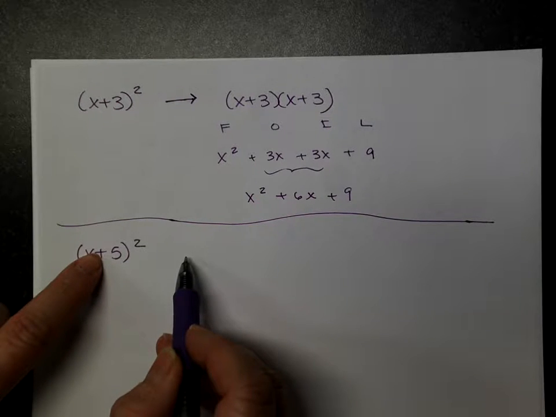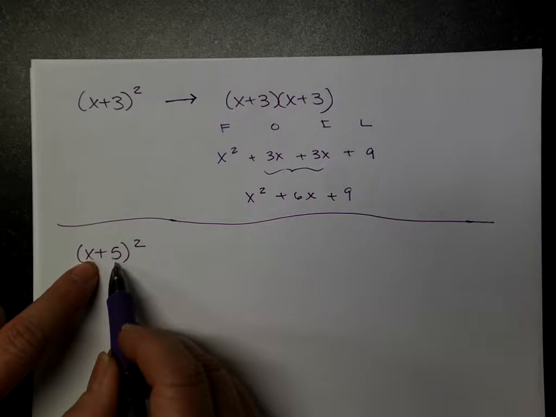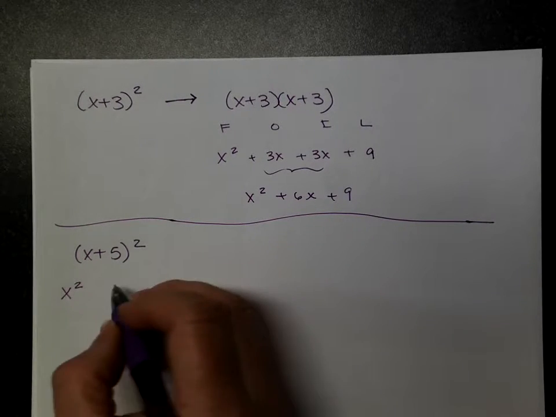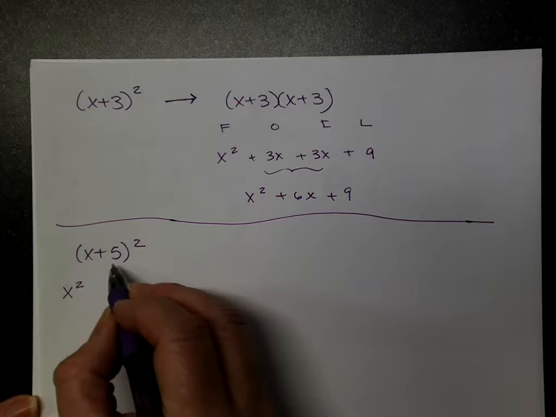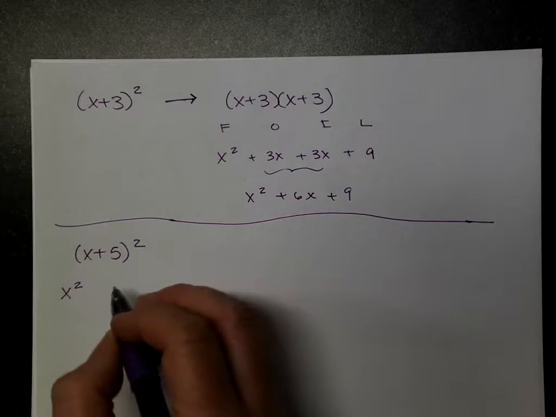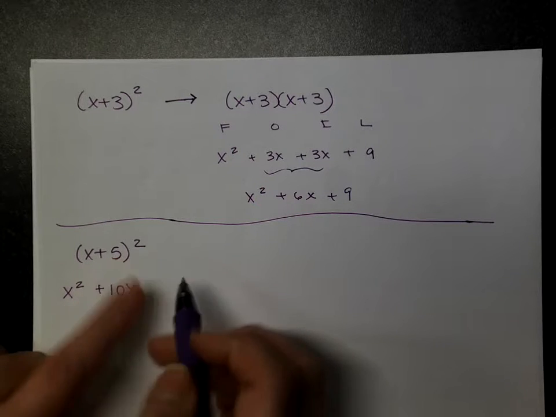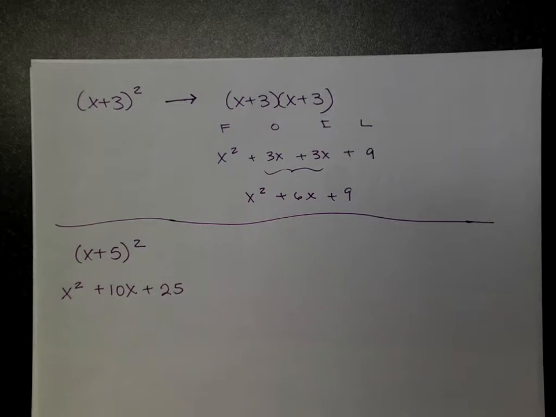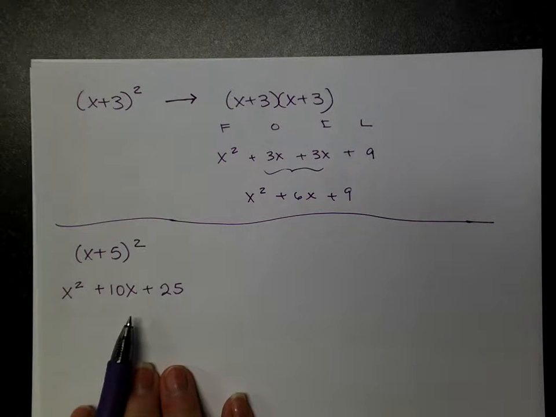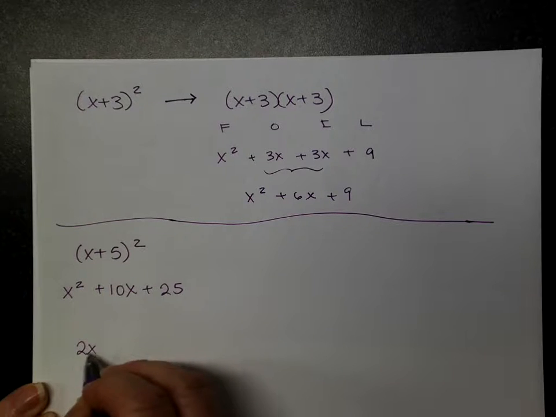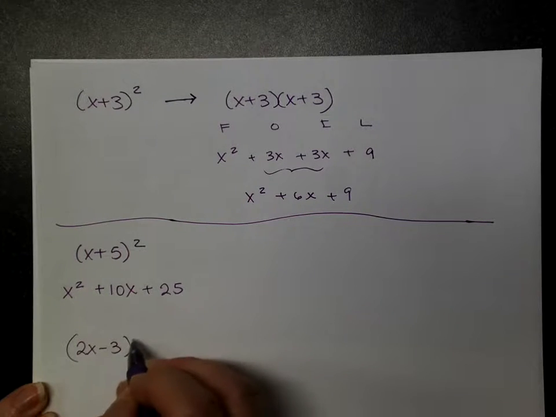And what is your outside or your inside? 5x. And then plus 5x. 2, right. So 5x, 5 times x, doubled, or times 2. And then 5 times 5. 5 times 5, 25. Okay? So that's kind of a mental FOILing. Okay? Try this one. 2x minus 3 squared.